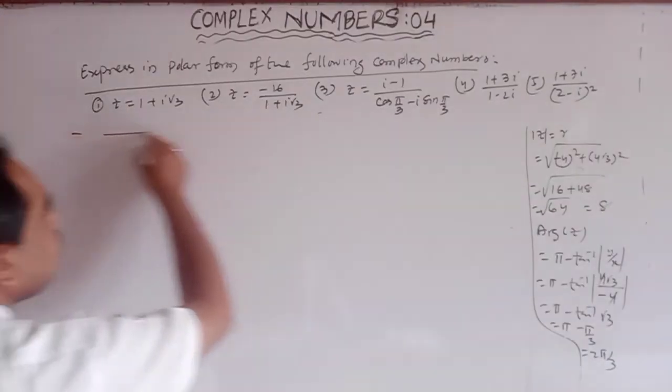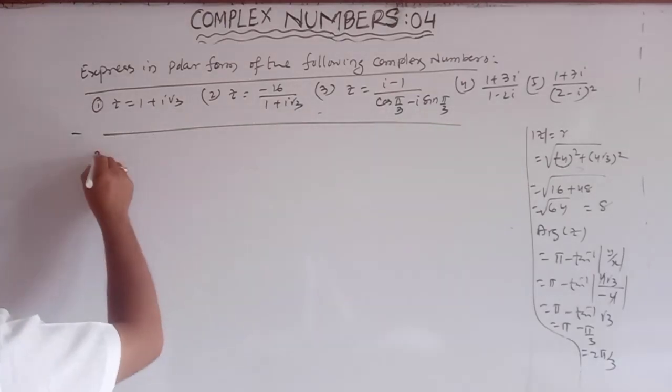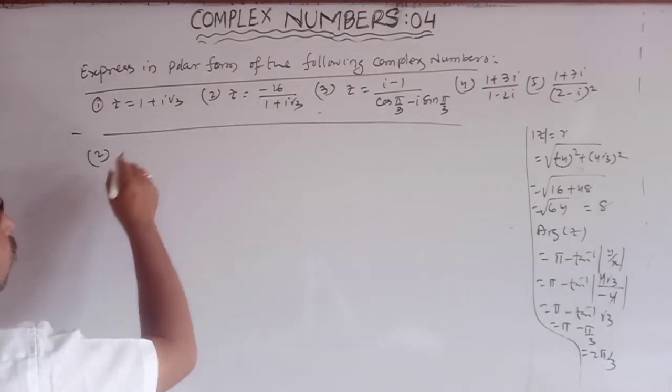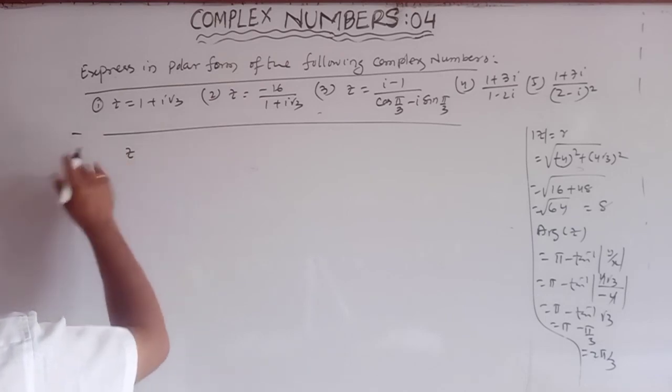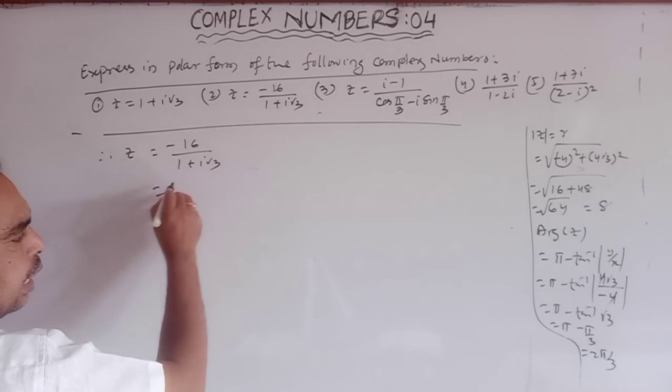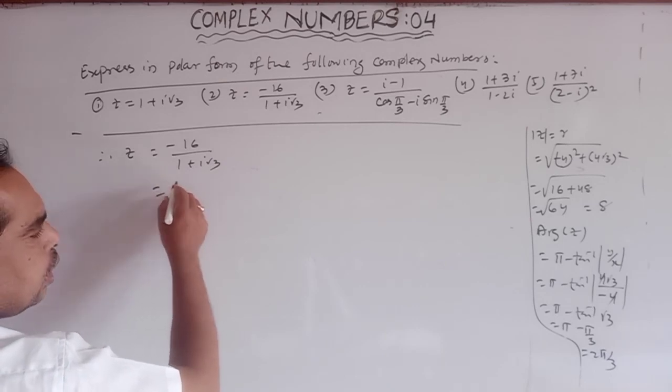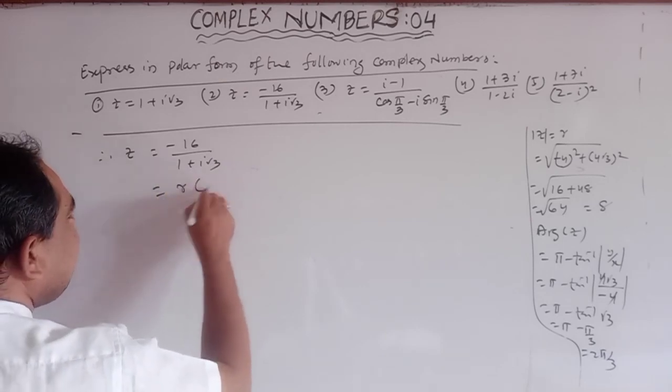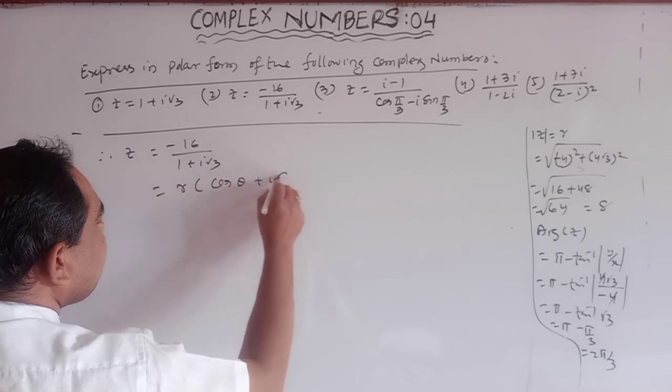Therefore z is equal to minus 16 by 1 plus i root 3, which is r into cos theta plus i sin theta.